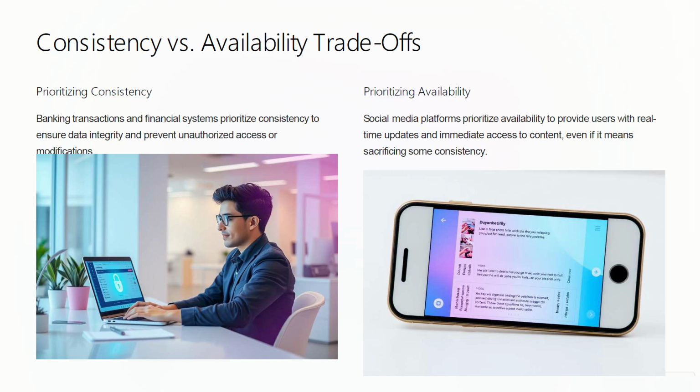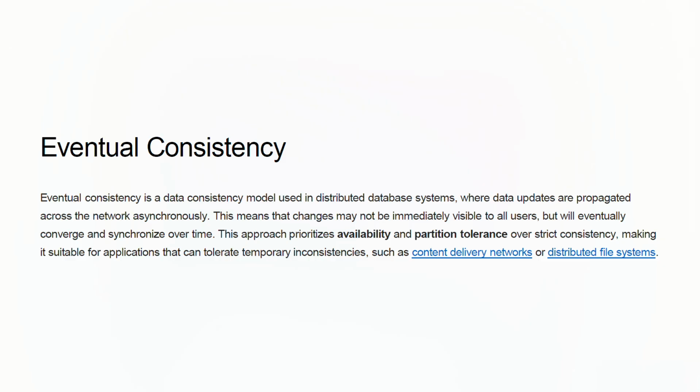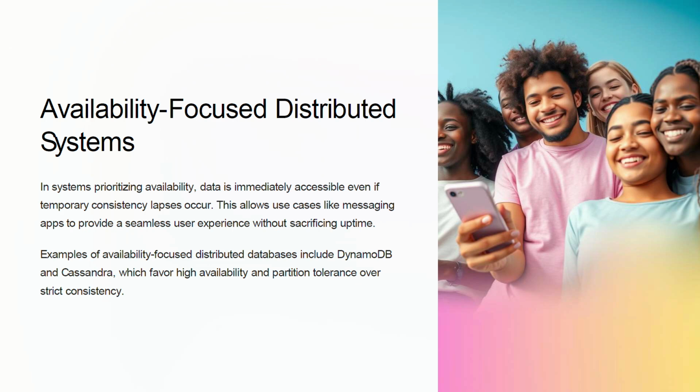Eventual consistency is a data consistency model used in distributed databases where data updates are propagated across the network asynchronously. This means that changes may not be immediately visible to all users but will eventually converge and synchronize over time. Availability: many modern distributed systems prioritize availability over strict consistency, especially for use cases where responsiveness is critical.